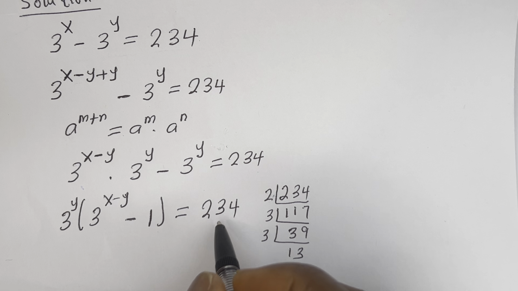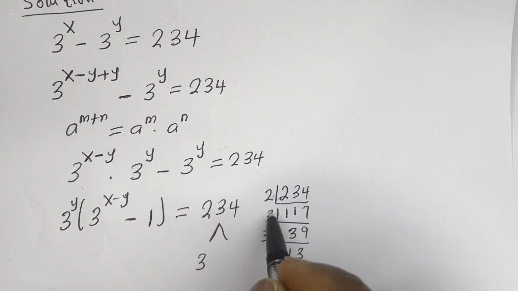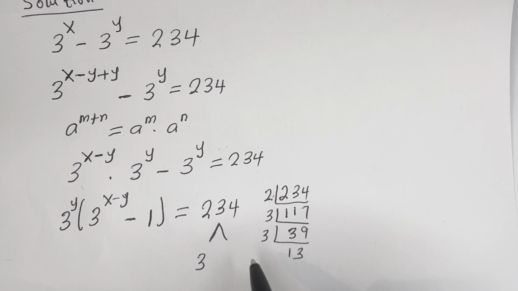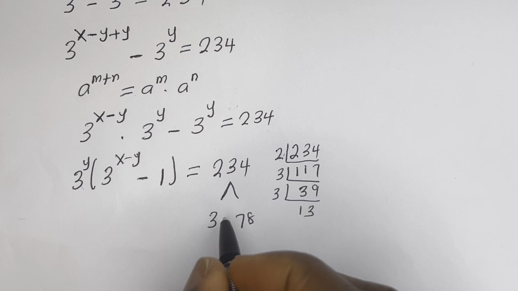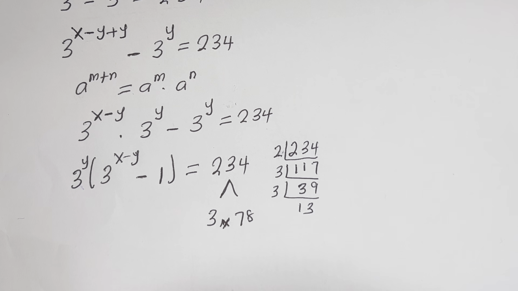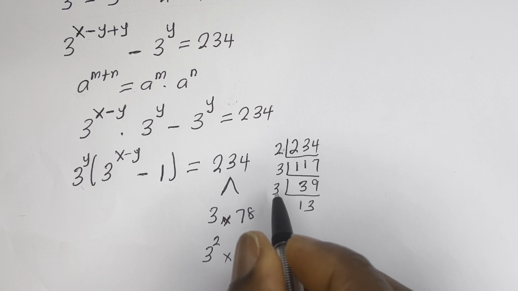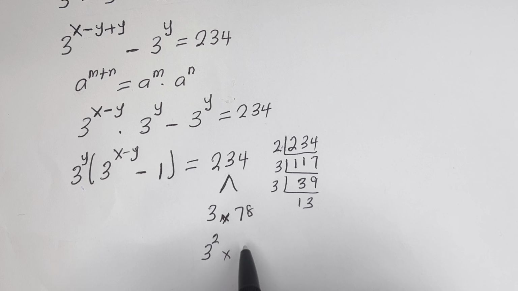Now here we have 3, 3 times 2, 6. 6 times 13, that is 78. We multiply by 78. Also, here, 3 squared is here. That is 3 squared. Then multiply by 13 times 2, that is 26.